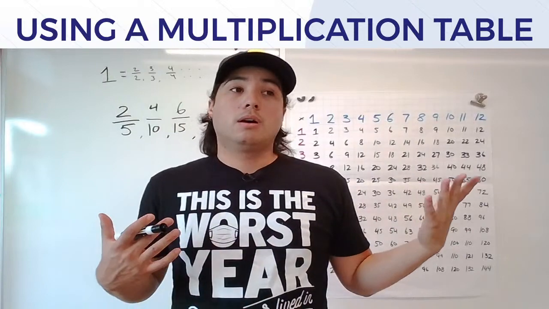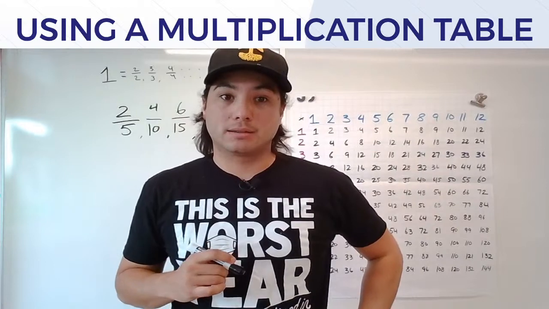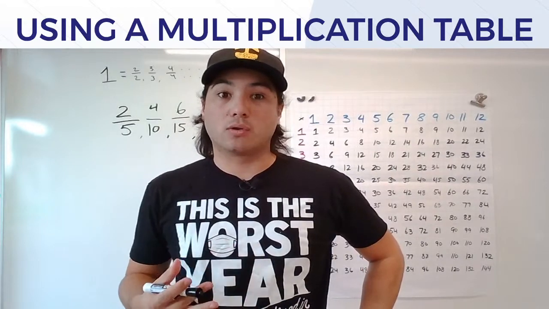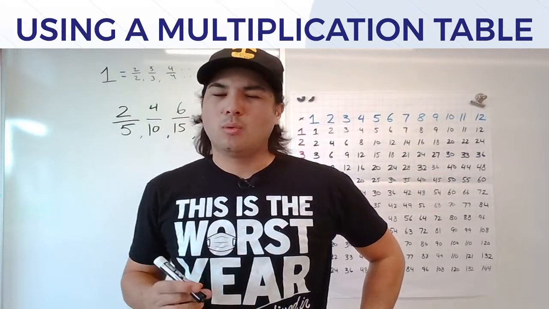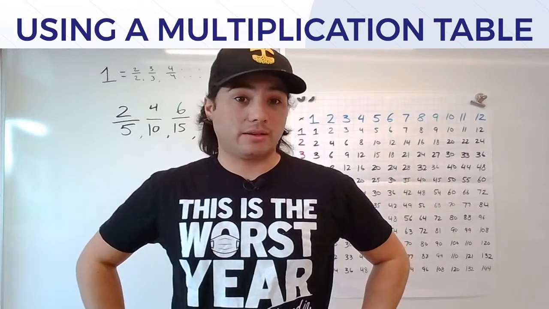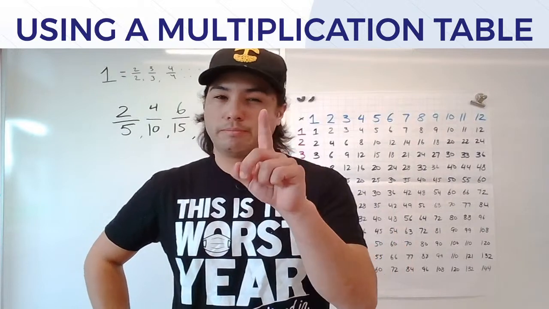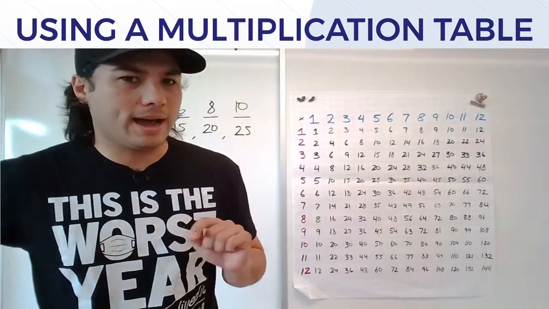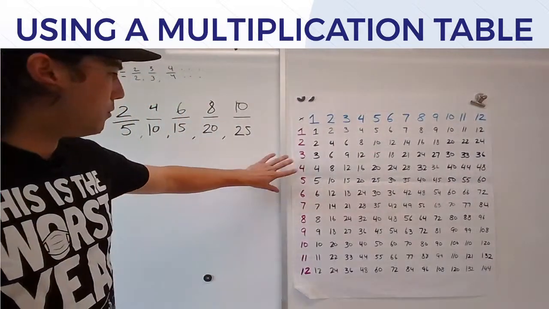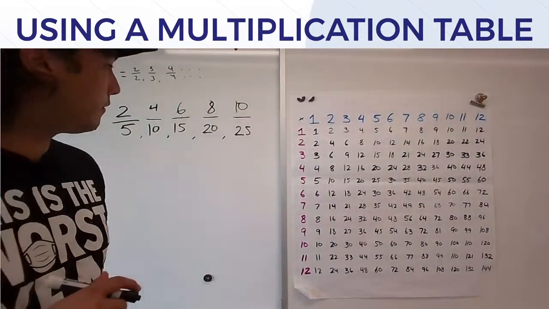You're not changing the amount of pizza that you have, you're just cutting it into smaller pieces. That's all we're doing when we multiply by equivalents of 1. When we start multiplying by other fractions that aren't 1, it does change the value, just like multiplying by any whole number that's not 1 changes the value. But we'll get to that later. For now, using our multiplication table, you can find any equivalent fraction.